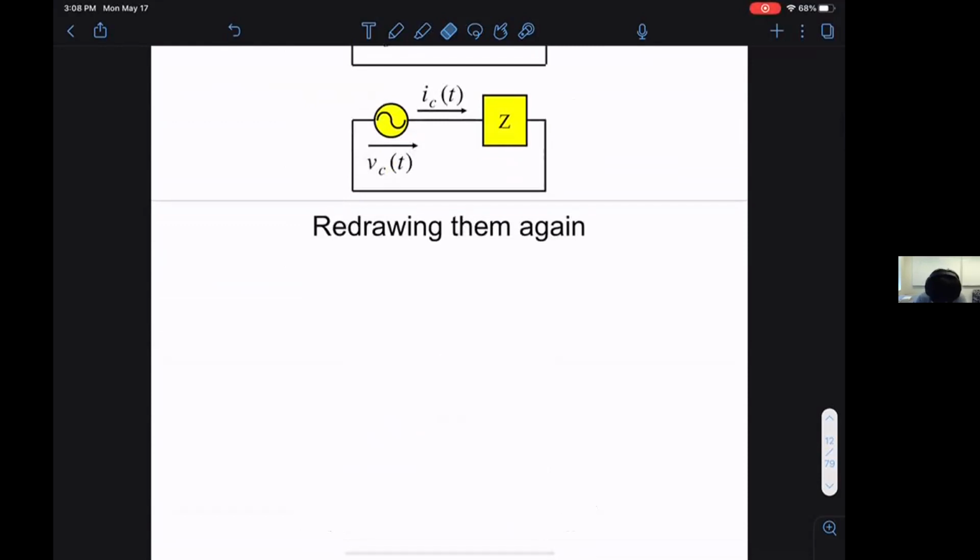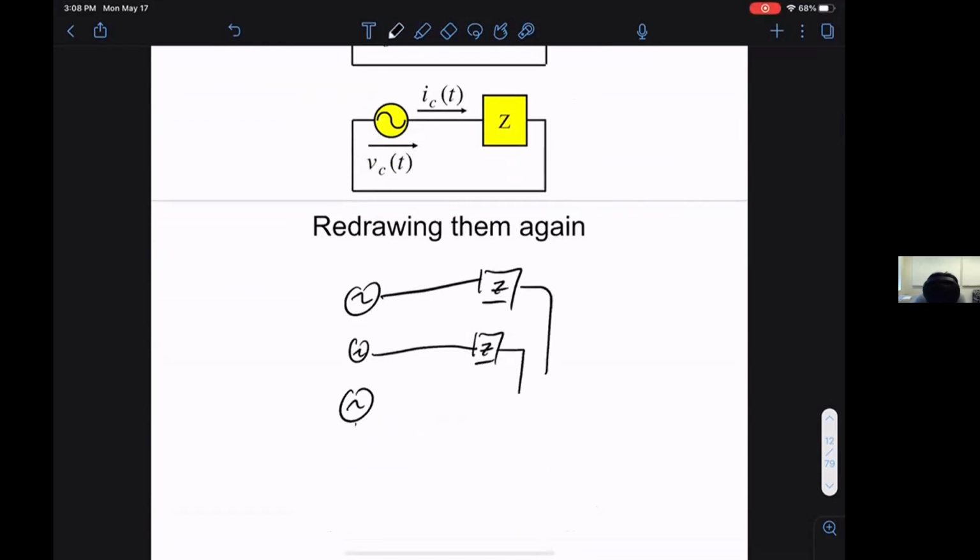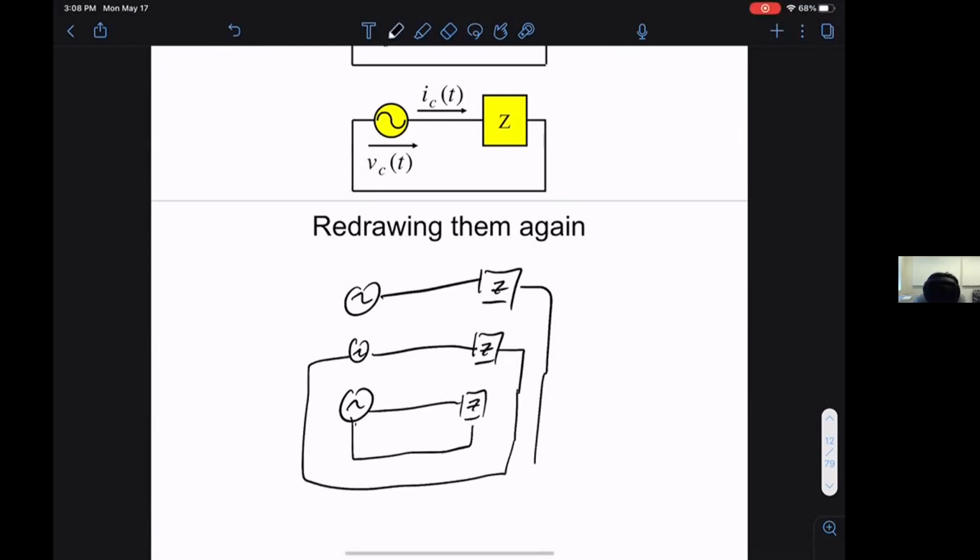So we can draw A with a load, B with a load, and C with a load. This comes from drawing them differently. This is C, this is B, and this is A. This is my ABC phase.